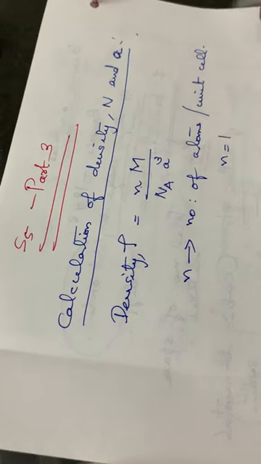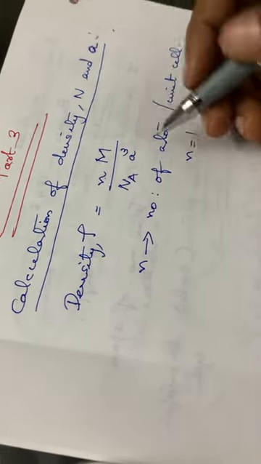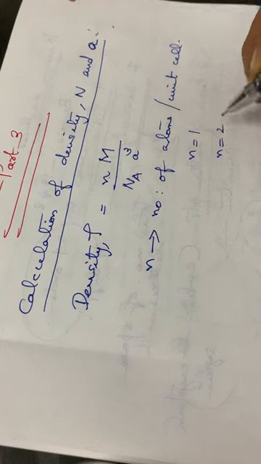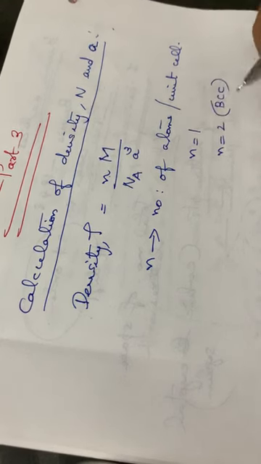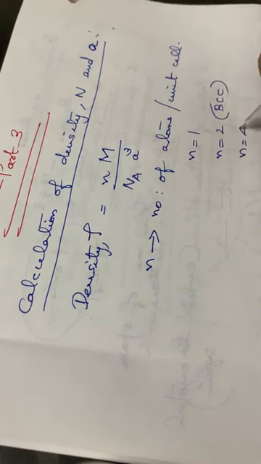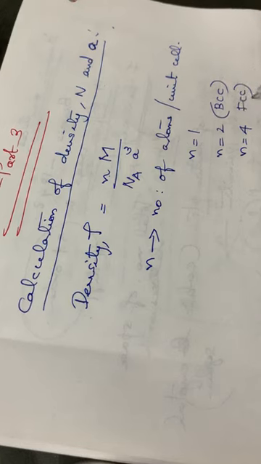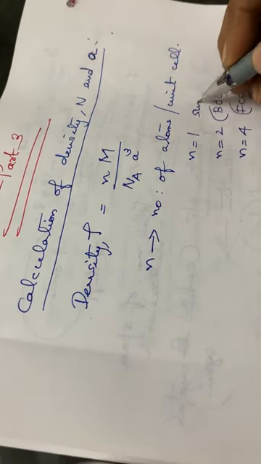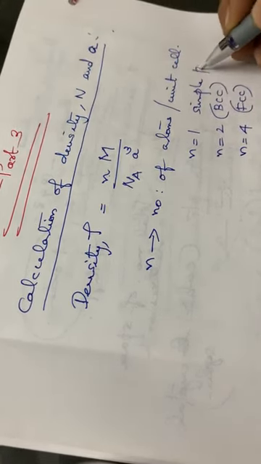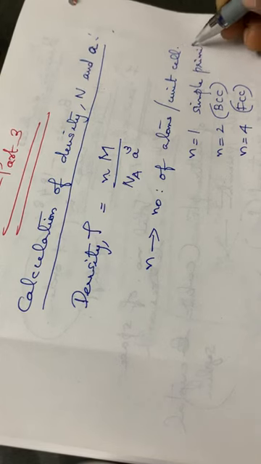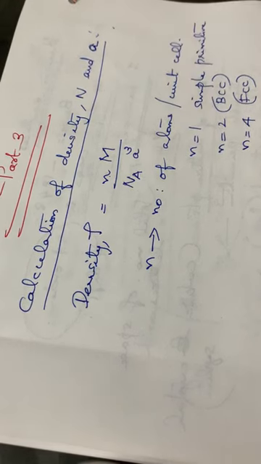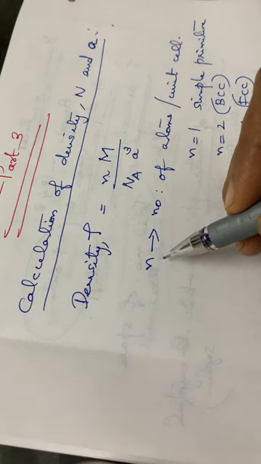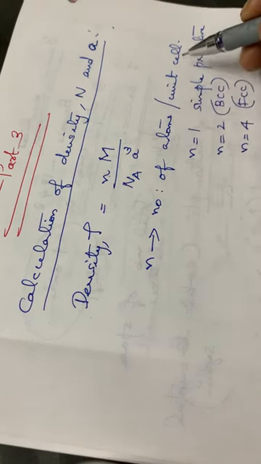For a body-centered cubic lattice, BCC, n is equal to 2. For an FCC lattice, n is equal to 4. So this is the number of atoms for simple primitive, body centered, as well as face centered. So n represents the number of atoms per unit cell.